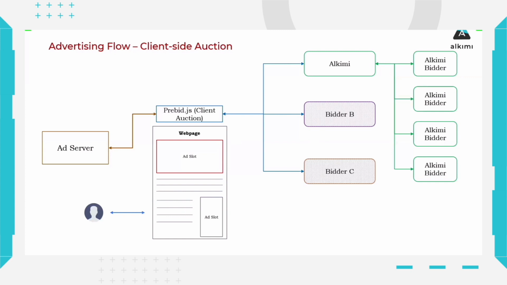And also, as a brief history on pre-bid and why it came to be, a lot of publishers use Google's ad server to manage all of the trafficking of ad units on their website, to manage the campaigns that they sell directly, and then also determine which of these bidders ultimately wins that auction.